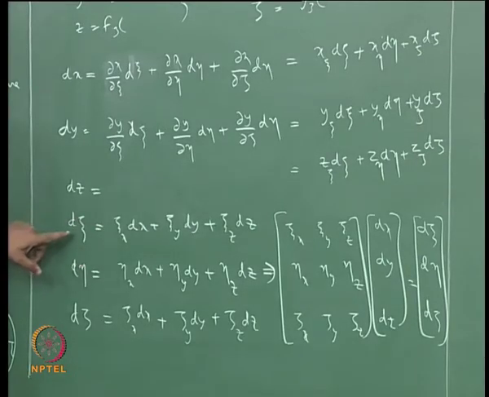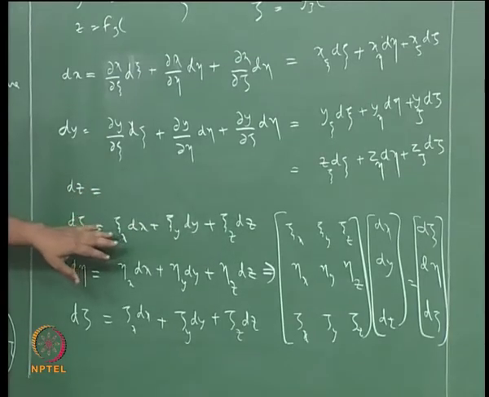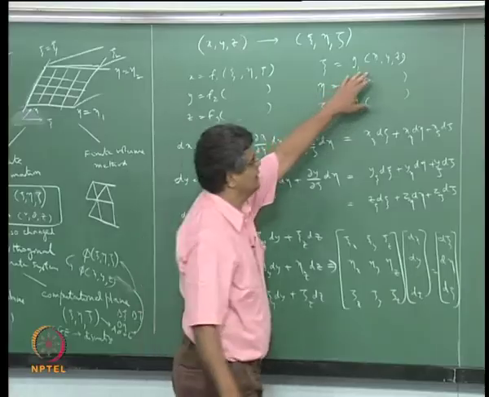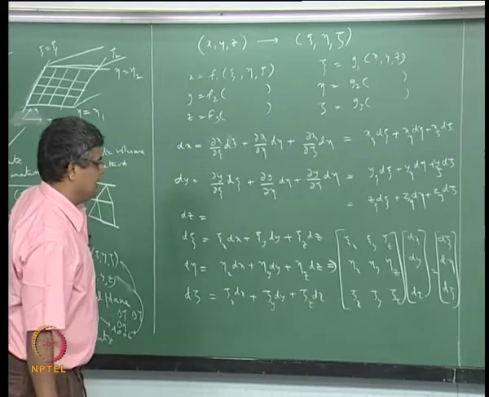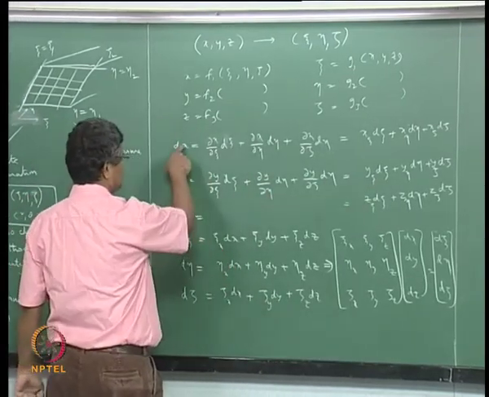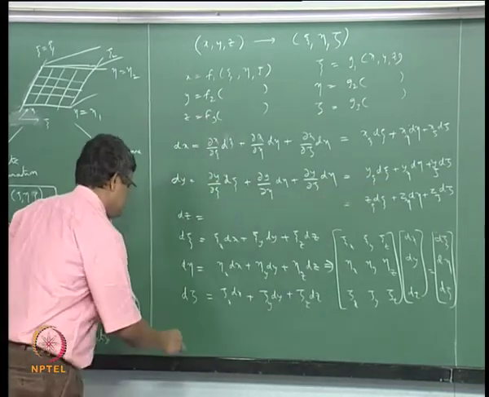What it means is that the total differential of psi is now a sum of differentials with respect to the different coordinates of which this is a function, and similarly the total differentials dx, dy, dz can also be expressed like this.